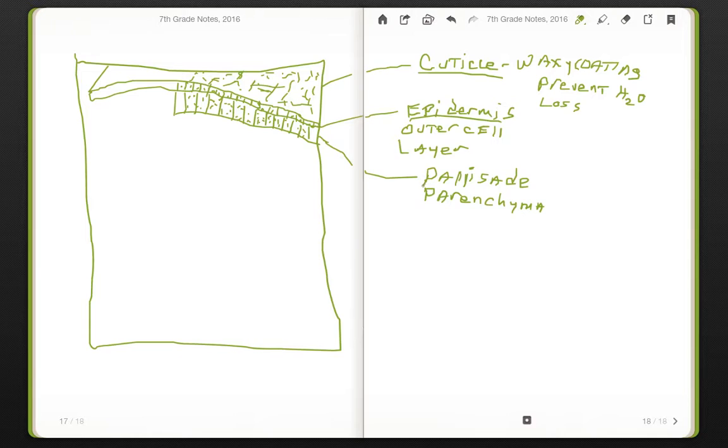So, palisade parenchyma cells, because they have lots of chloroplasts, you can probably guess their function. They are the main area where photosynthesis takes place. Okay. And those cells are, again, rectangular and very distinct.